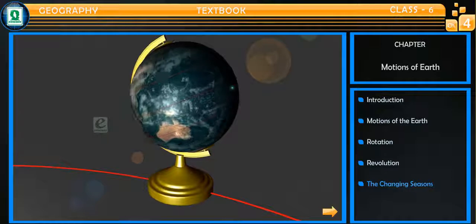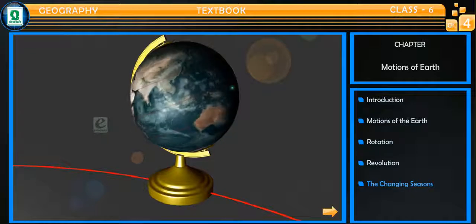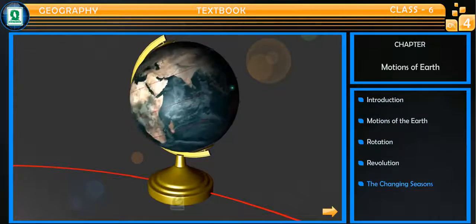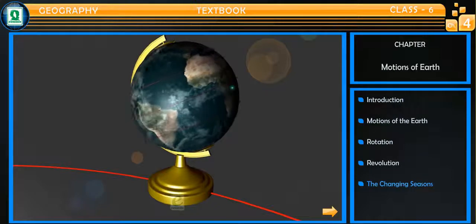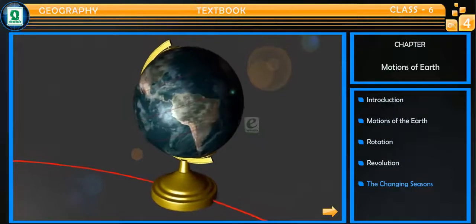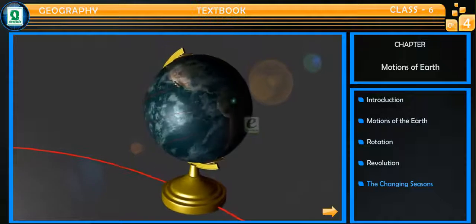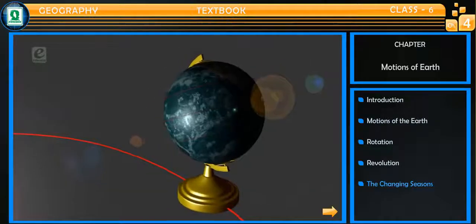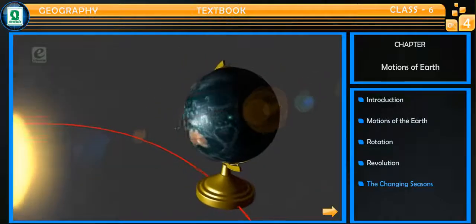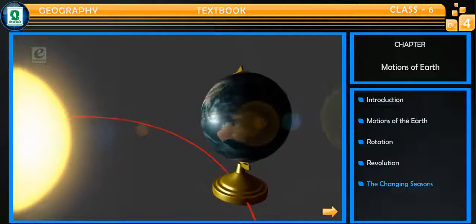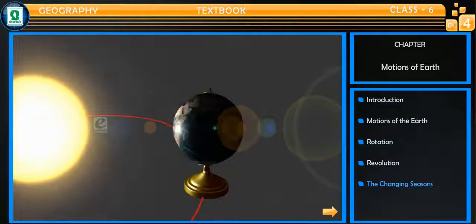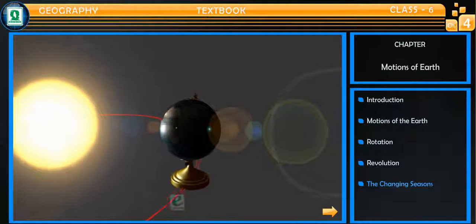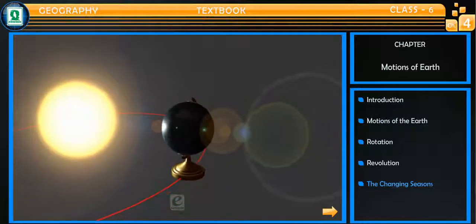All places have equal days and nights. At this time, it is autumn in the northern hemisphere and spring in the southern hemisphere. This position is known as autumn equinox. After this, it is autumn in the northern hemisphere when the days are longer than the nights. In the southern hemisphere, it is spring, when the days are shorter than the nights.